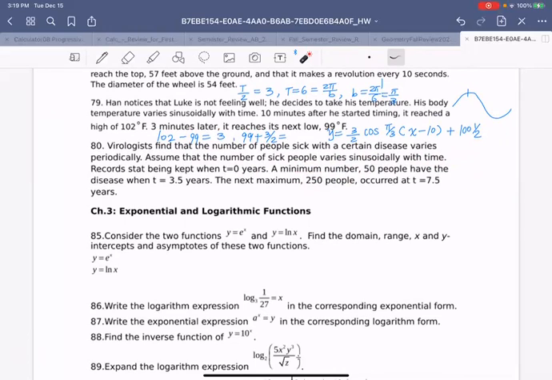So the t is how much? The t they said is 3.5, right? No, I mean the whole period. Oh, okay. Yeah. This would be 8.